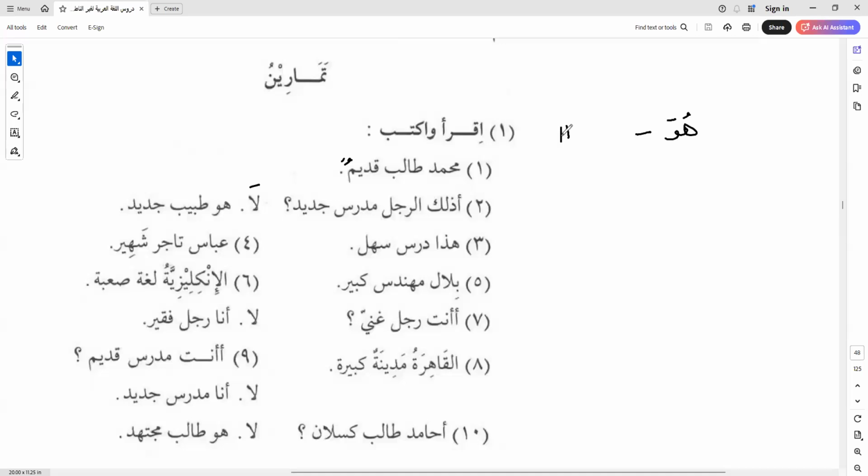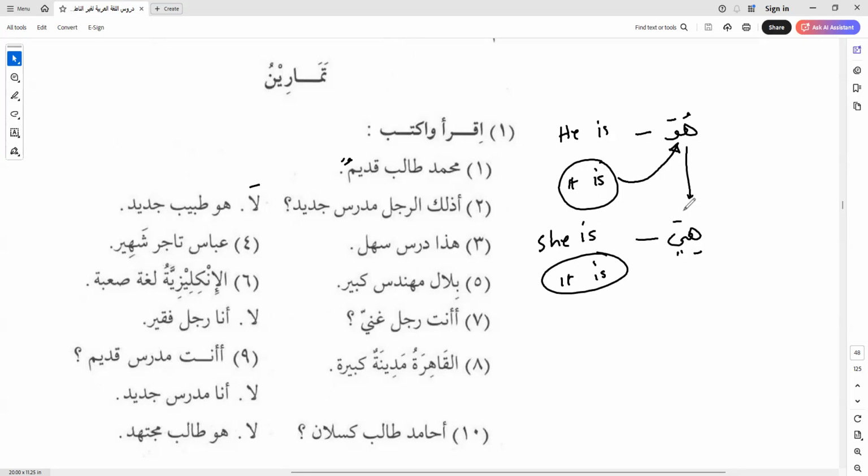Remember, هو is he, or it is. It can also be used as it is if you are talking about a thing or inanimate object that is masculine singular. Huwa. If it's not huwa, then it is hiya.